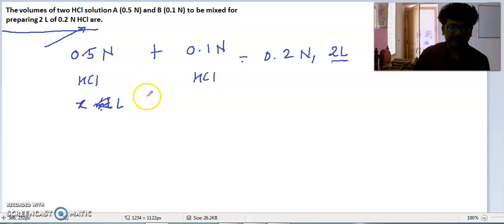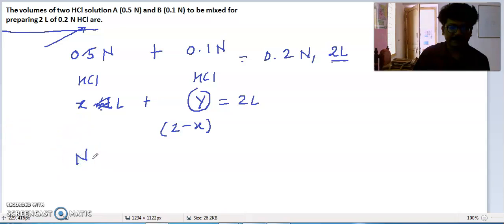That means X plus this, if it is Y, is always equal to 2 liter. So I can write Y is equal to nothing but 2 minus X. So now, the first numerical in this video, when solutions of two different concentrations are mixed together to get the resultant concentration, the formula can be used.